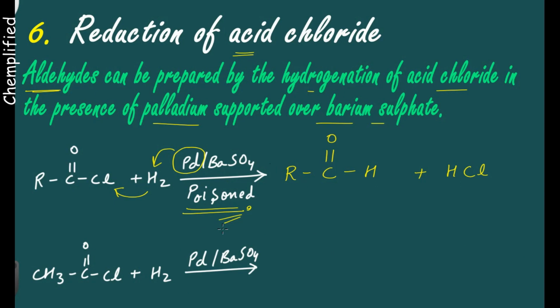So we don't want that to happen. We only want aldehyde as product. So you have to poison this catalyst, or deactivate it partially, so that you will only get the desirable product, that is your aldehyde.